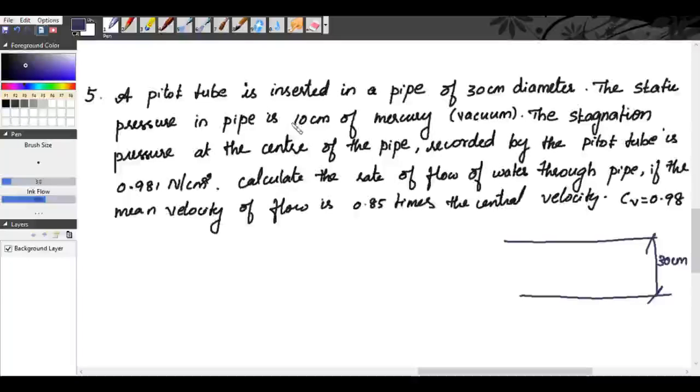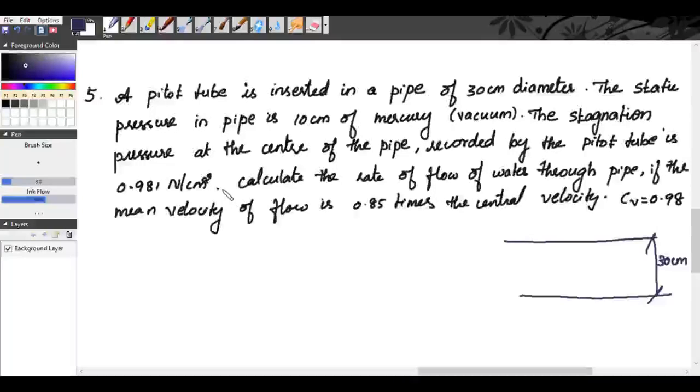That means P1, that is the static pressure head. P1 by rho g is 10 centimeter of mercury vacuum. That means minus 10. And the stagnation pressure at the center of the pipe recorded by the pitot tube is 0.981 Newton per centimeter square.